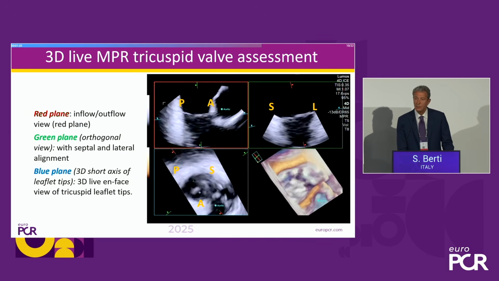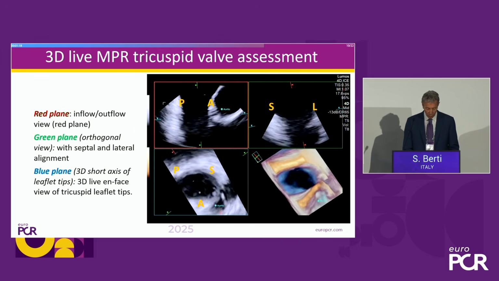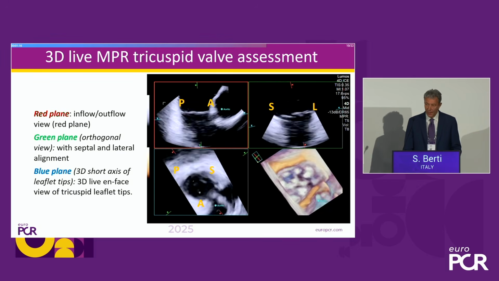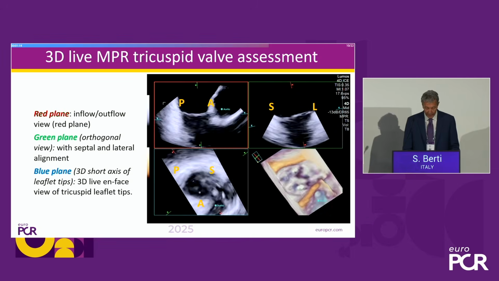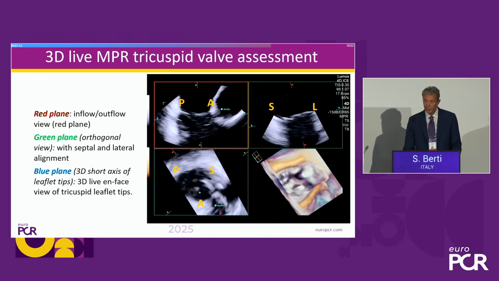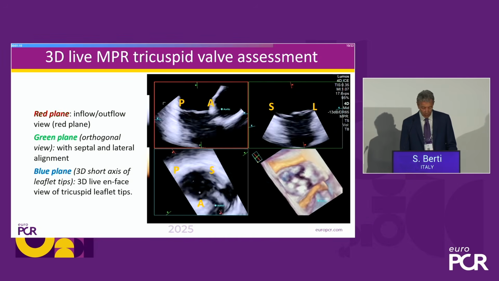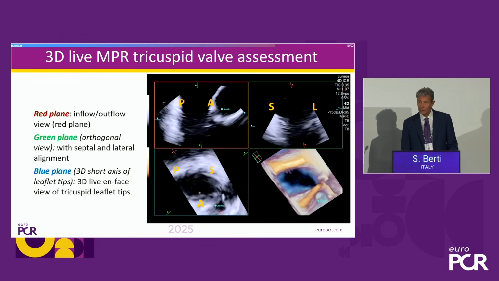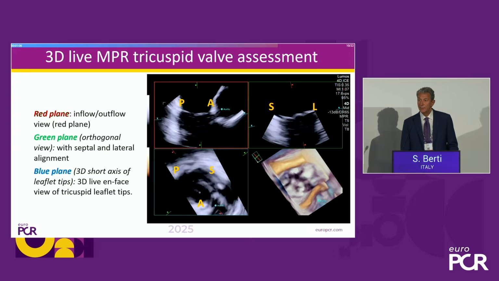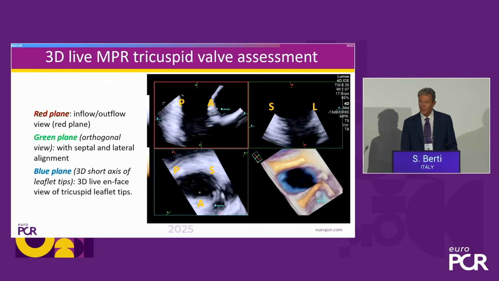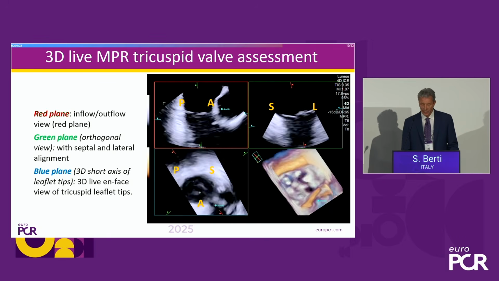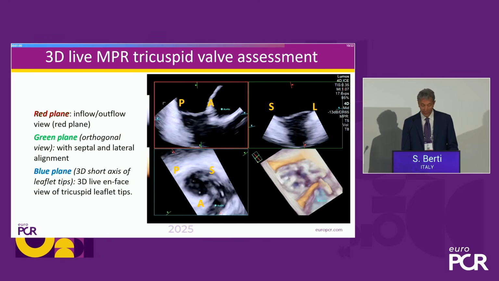Some important aspects of the imaging of the tricuspid. The MPR is essential to guide the procedure in the tricuspid. The first step is to evaluate the anatomy of the tricuspid valve. We know that the tricuspid has 3 leaflets in 50% of cases, but 4 or 5 leaflets in more cases.